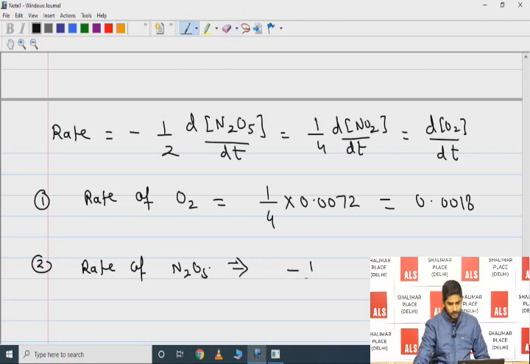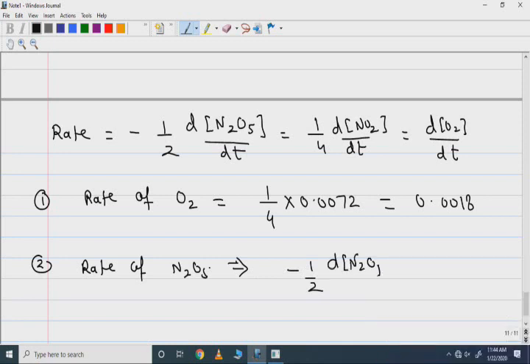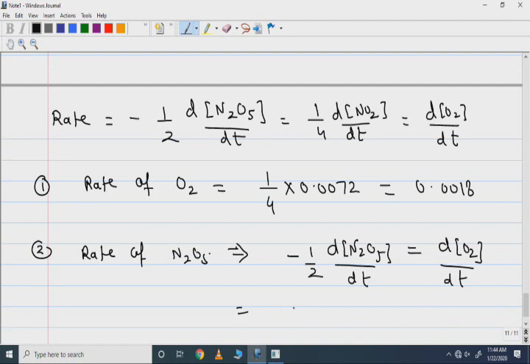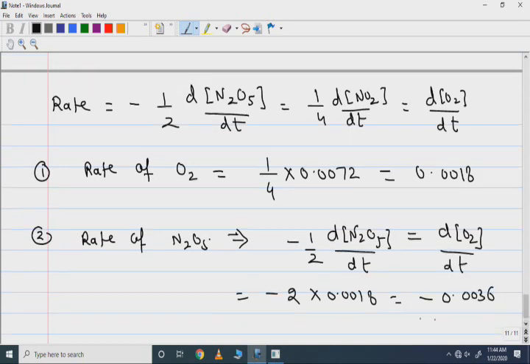This is nothing but minus 1 by 2 dN2O5 upon dt is equals to 1 by 4, or I can simply put it as equals to dO2 by dt, because I have just calculated that. So this is 2 into 0.0018, so nothing but 0.0036. Last is rate of reaction. So rate of reaction can be equal to N2O5, NO2 or O2. So I have calculated the O2, so I'll use that. So these are the answers.